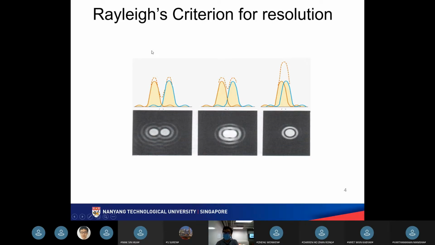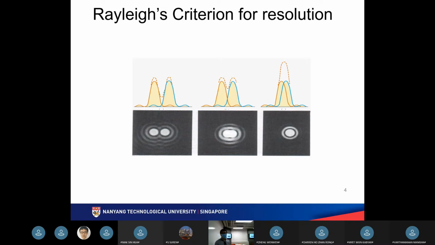For example, if we have two point light sources passing through a lens to form an image, then at the imaging plane you will not see an infinitely sharp hot spot, but you will see this diffraction pattern. You will see a finite hot spot, and this finite hot spot has a certain radius.